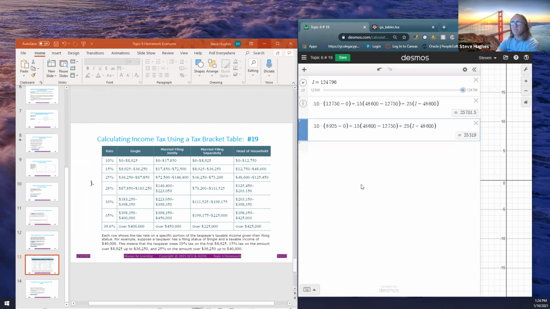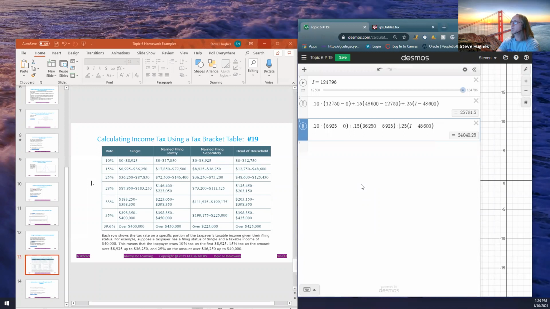Plus 15%, and I have to change this to what? For the single, it is 36,250 minus 8,925.